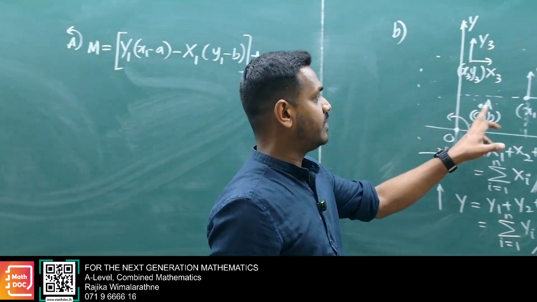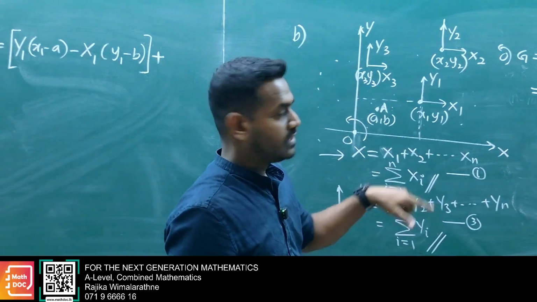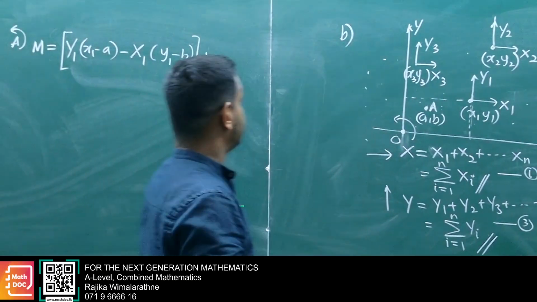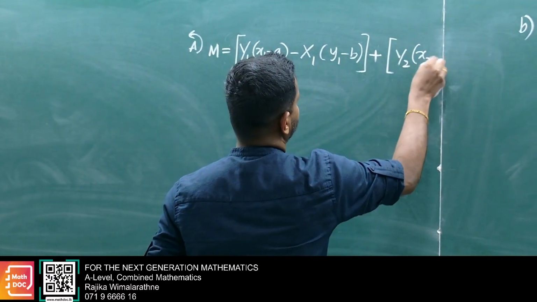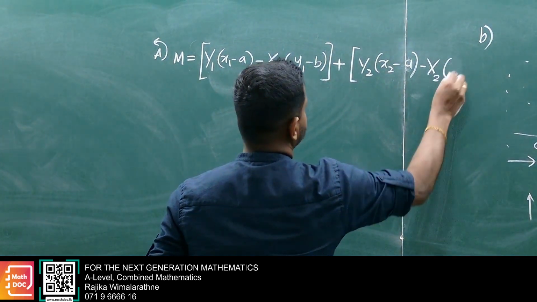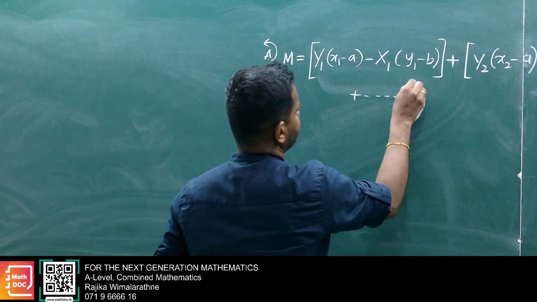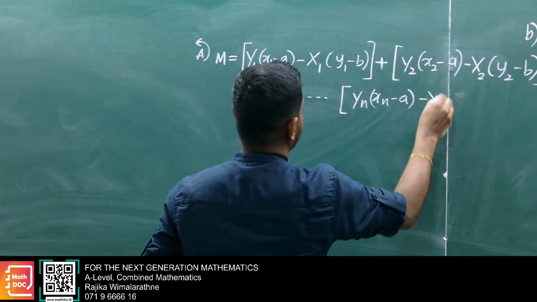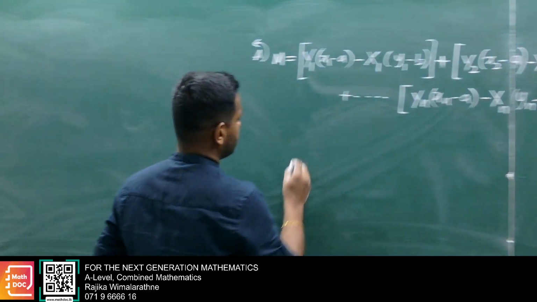So about this point, the moment is Y1 times (x1 minus a) minus X1 times (y1 minus b). Then you need to add similar terms: Y2 times (x2 minus a), X2 times (y2 minus b). Then Yn times (xn minus a), Xn times (yn minus b). Then M.